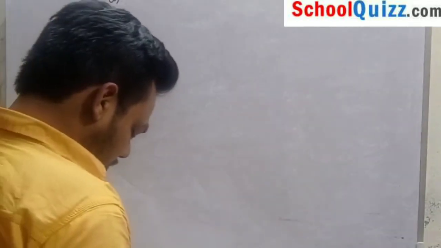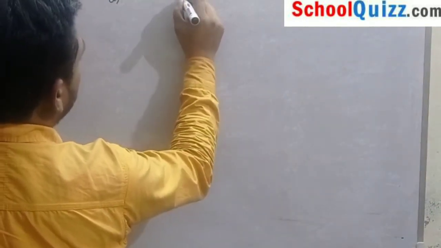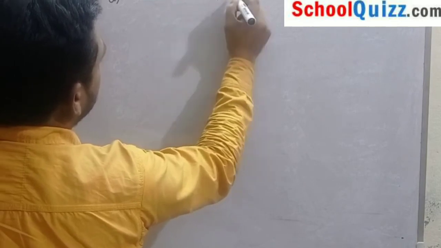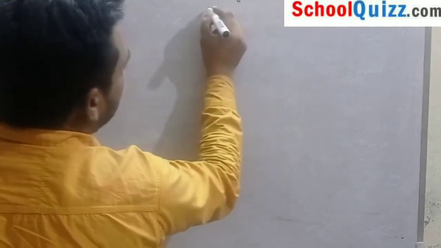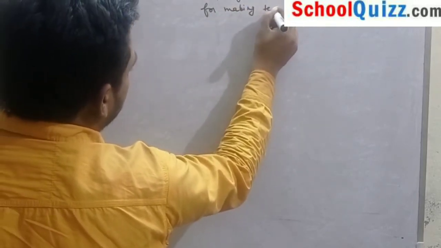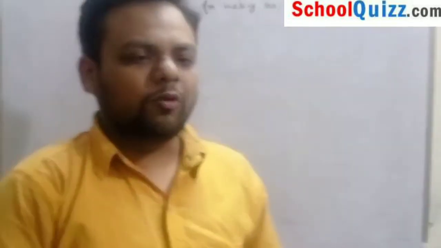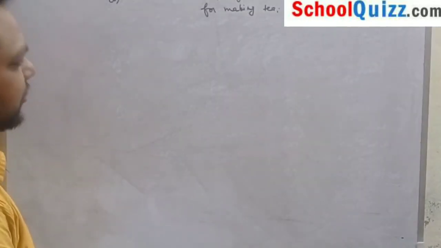As most of us know how to make tea, we just have to write those steps. And further it says, use the words solution, solvent, solute.